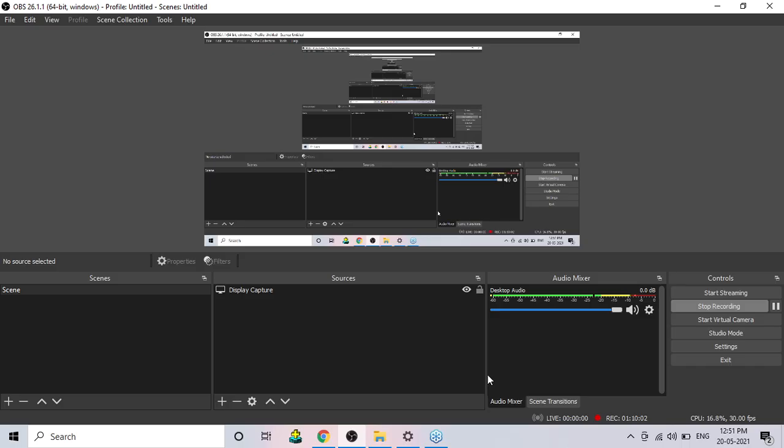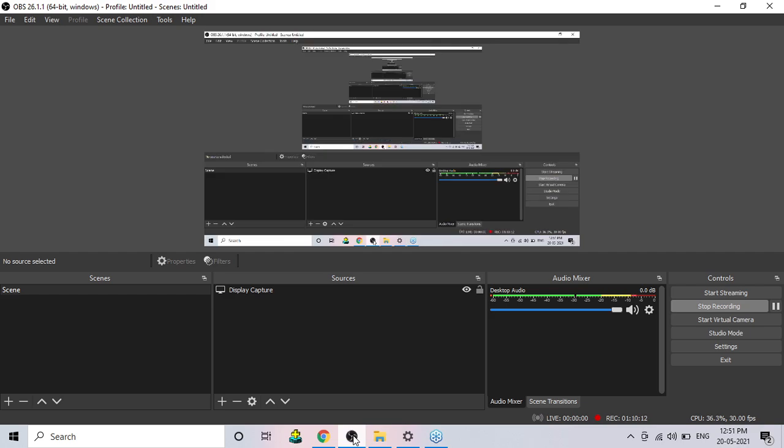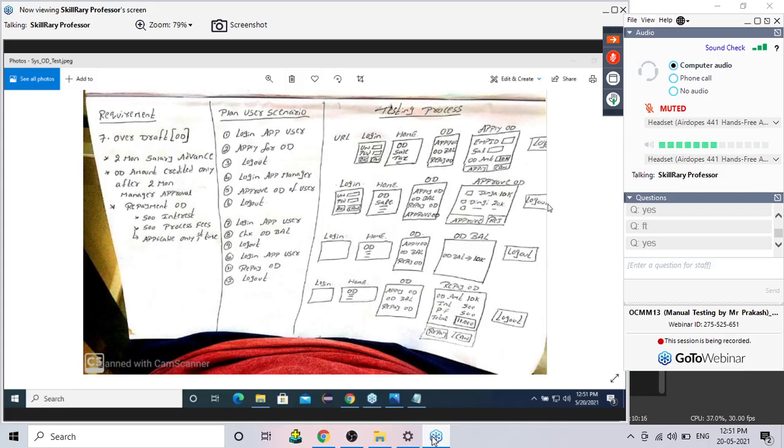I will show you how to do functional testing, how to do integration testing, and also how to do system testing. I'll repeat this, listen. So this is one module called overdraft, and assume that this is one application. Also, let us take this application is the SBI application.